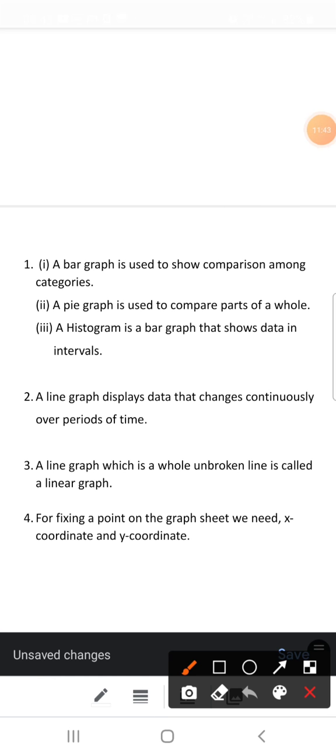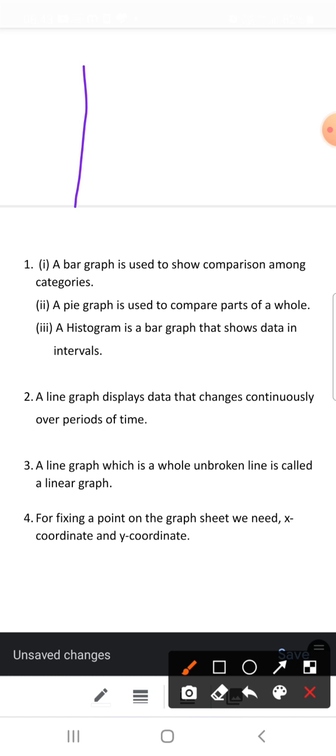A bar graph is used to show comparison among categories. A pie graph is used to compare parts of a whole, and a histogram is a bar graph that shows data in intervals. Now the second point is, a line graph displays data that changes continuously over a period of time. Now a line graph which is a whole unbroken line is called a linear graph.